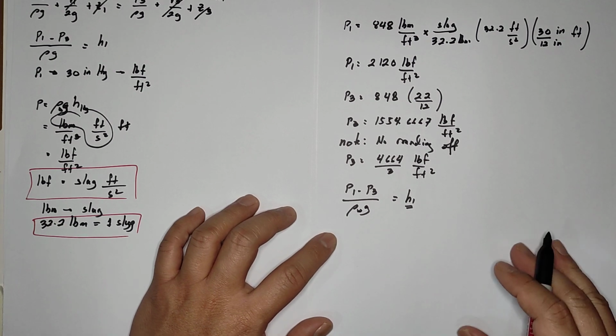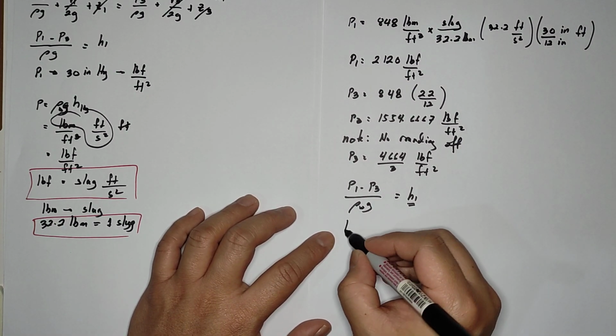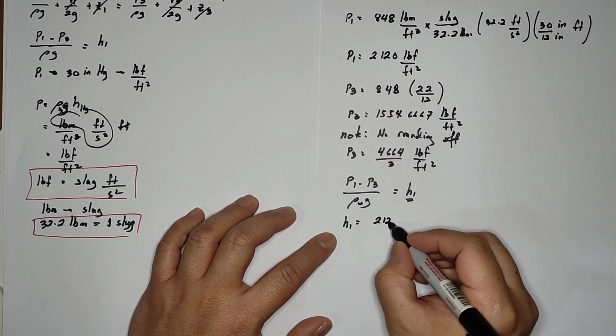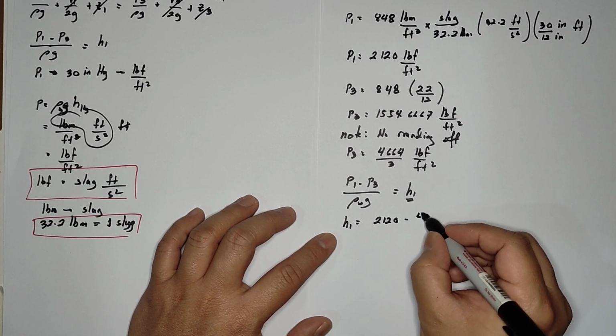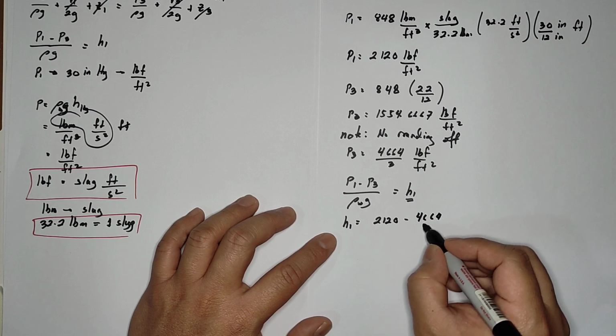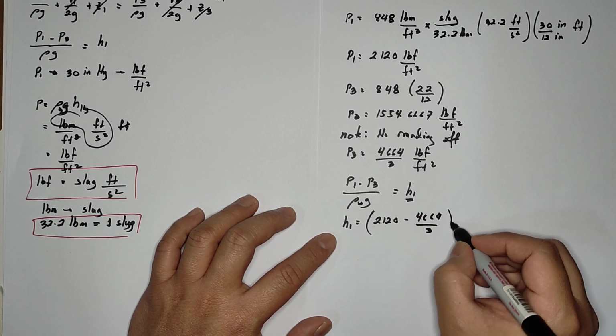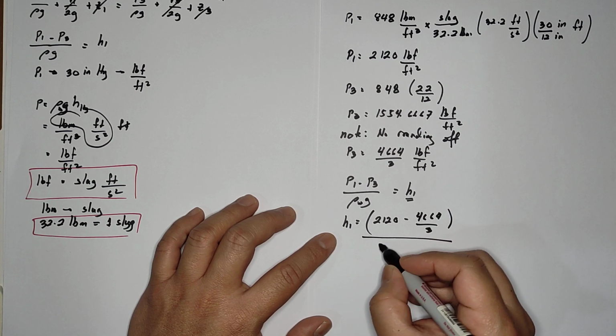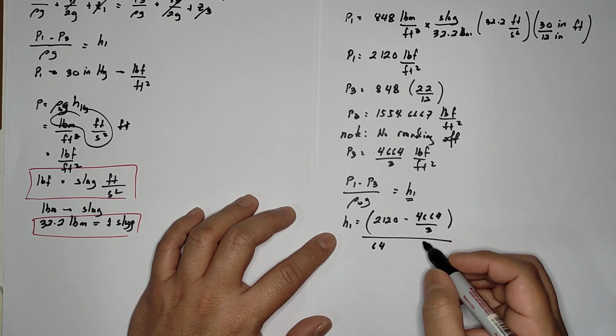For the H3, that is now 2120 minus 4664 divided by 3, then divided by the density of seawater, 64.